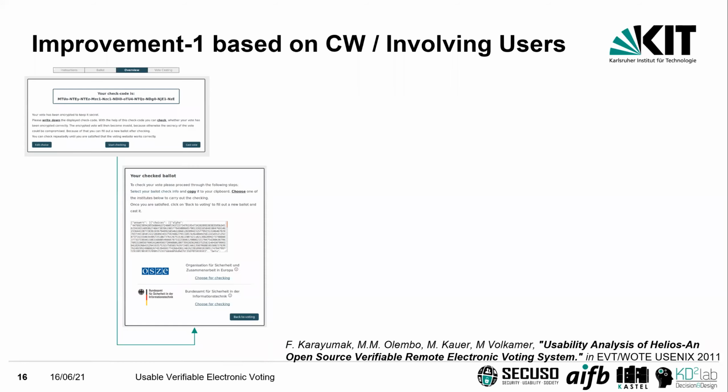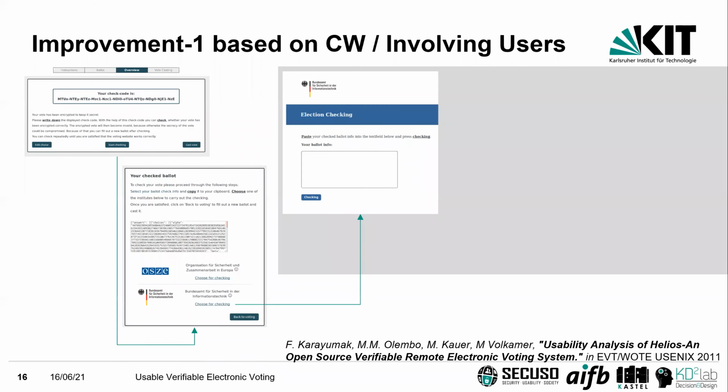In order to do so, you would click on choose for checking. Let's say we select the BSI, and a new web page would open. You would reach a web page from the BSI. You are asked to copy the information you have received from the Helios voting system into this box, and then click checking.